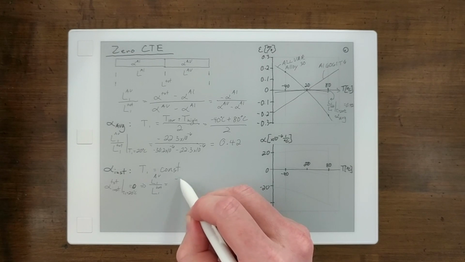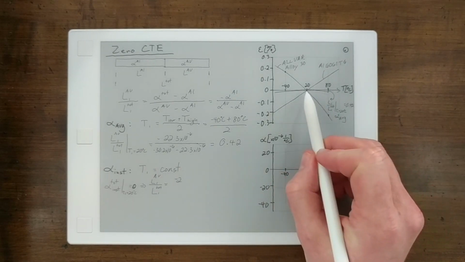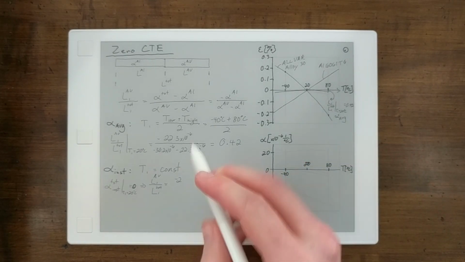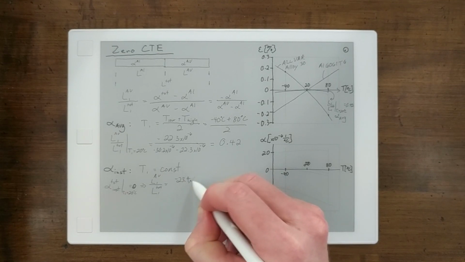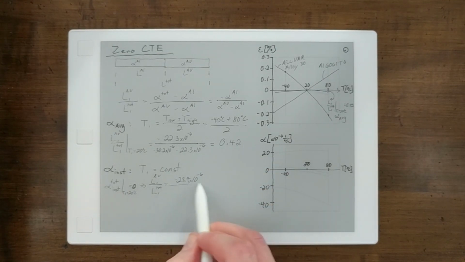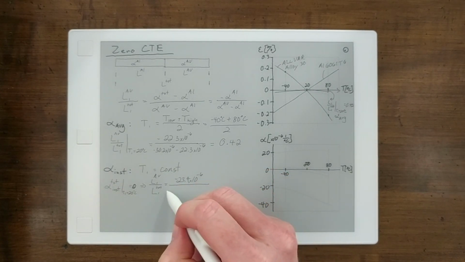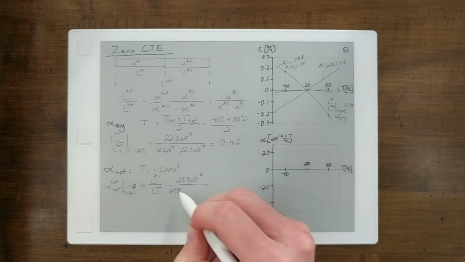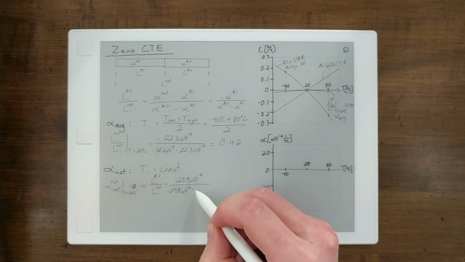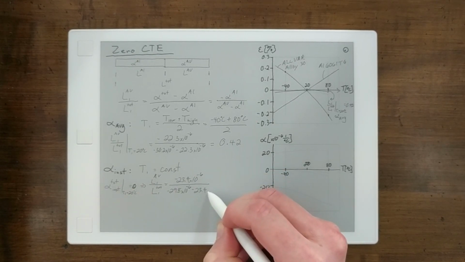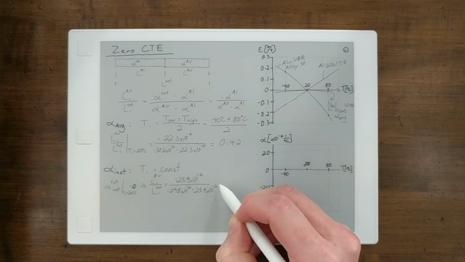So in this case, the instantaneous CTE at 20 degrees Celsius for aluminum is 23.4 times 10 to the negative 6 divided by ALLVAR being negative 29.8 times 10 to the negative 6 minus 23.4 times 10 to the negative 6.